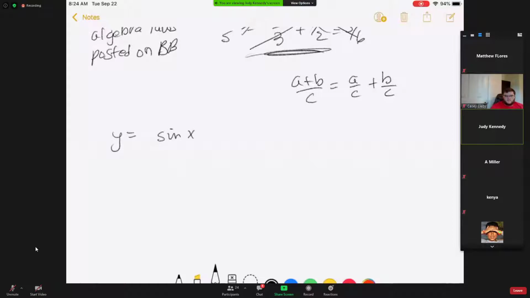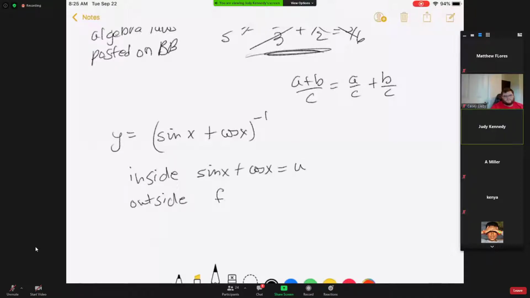So we're going to think of it as sine of x plus the cosine of x to the minus 1. Now we've got a composition, really. It's a function raised to a power. So the inside is sine of x plus cosine of x, and we'll call that u. And the outside, we'll call that f, is u to the minus 1.